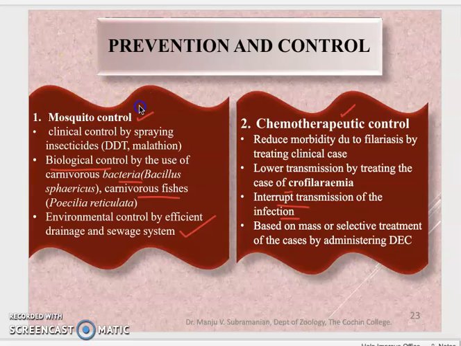So basically the vectors can be controlled, and thereby we can check the infection caused by Wuchereria bancrofti. And after infection, or before infection also, we can apply some therapeutic methods, mainly DEC given at a smaller dose for every individual, and we are able to check the spread of this nematode parasite.